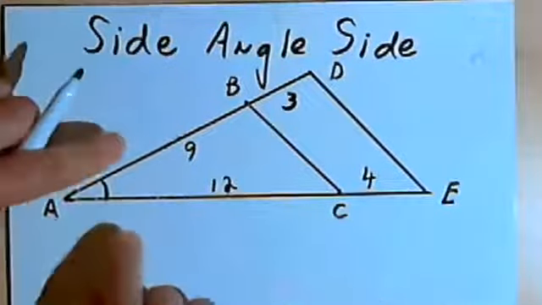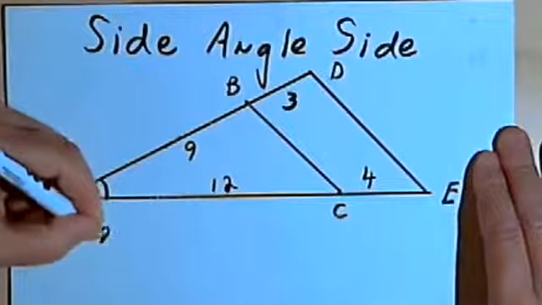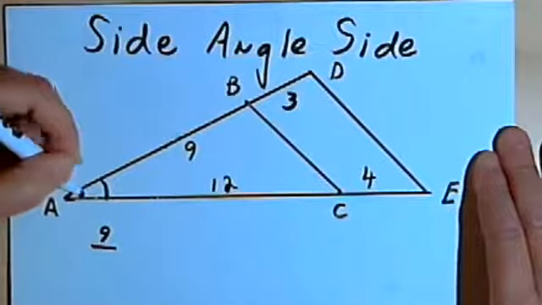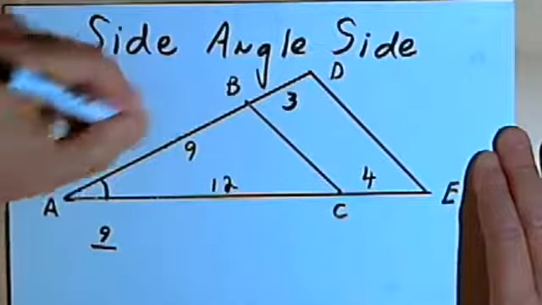Now I have to see if the sides on both sides of angle A are proportional. So I'll take side AB, the length of AB is 9, and I'll start making a ratio. The corresponding side would be AD, and the length of AD is 9 plus 3 more. So the ratio of AB to AD would be 9/12.